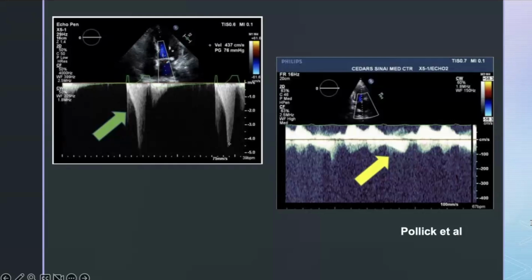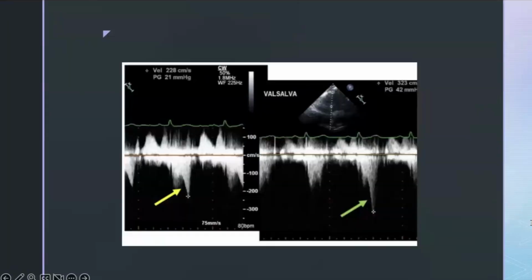So what he was trying to illustrate was that the cavitary gradients are usually small in these patients. But what he also found was that you can accentuate these gradients with Valsalva. So it behaves very similar to an HCM gradient, but one key differentiating factor is that the gradient won't be as high as you would see with HCM.